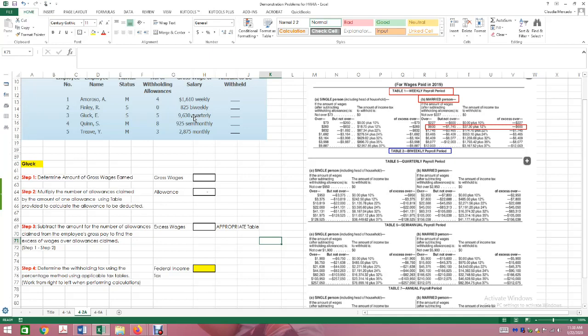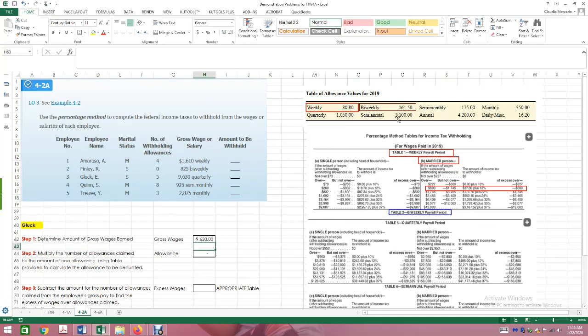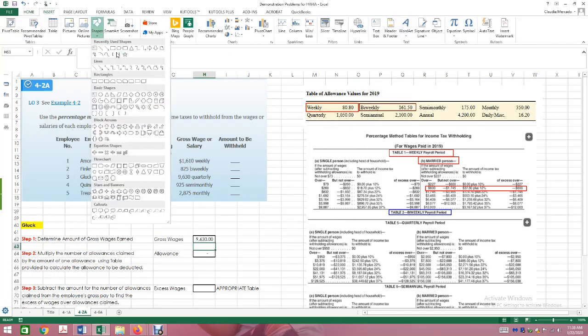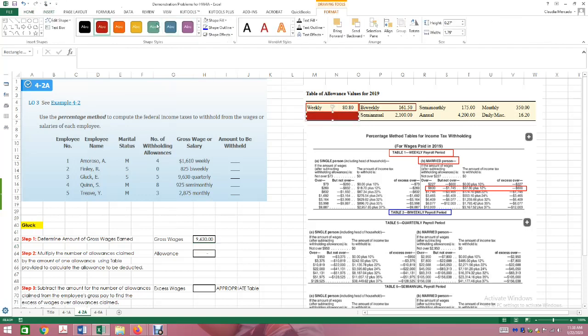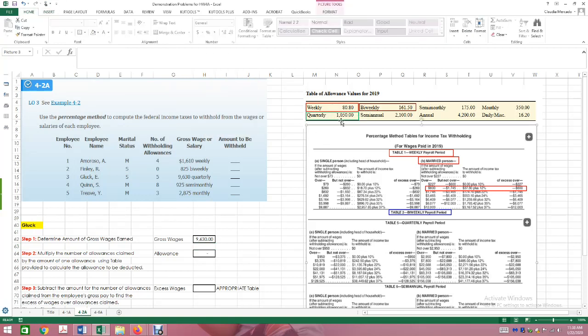Well, Gluck earned $9,630. Gluck has 5 allowances. So let's look at the table for quarterly. Quarterly, the table for the allowance values is 1,050. That is what we're looking at, quarterly.